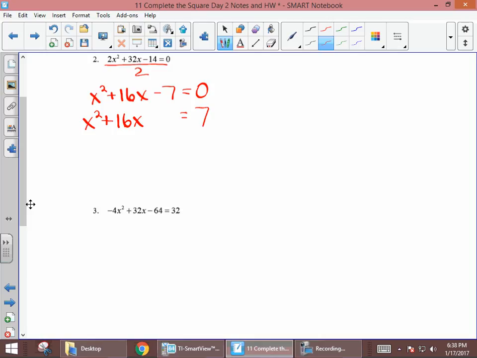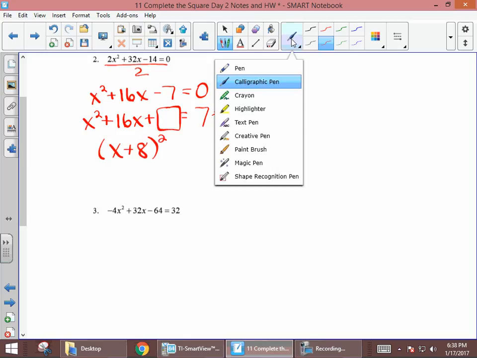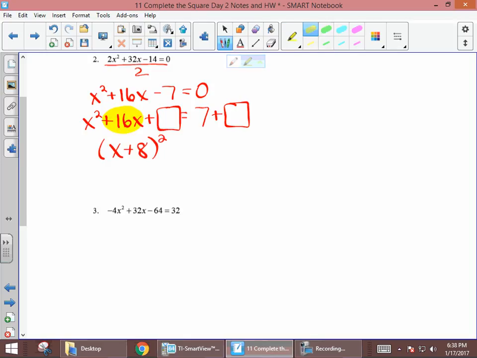Step 3, we are going to add that box, or that square, to both sides, so the left side could be a perfect square trinomial. We take half of the linear term, half of 16 is 8. So we have x plus 8 squared.